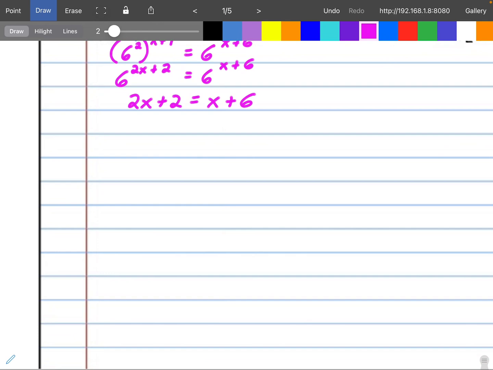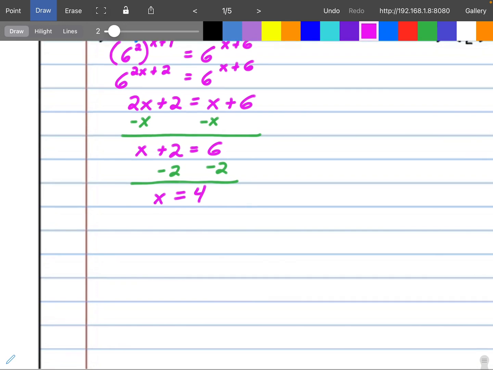I notice that I have an x on both sides, which I don't want, so I'm going to go ahead and take care of that first. I'm going to choose to subtract the x, which will give me x plus 2 equals 6, and then I can subtract the 2 to get the x by itself, and that's going to give me x equals 4.